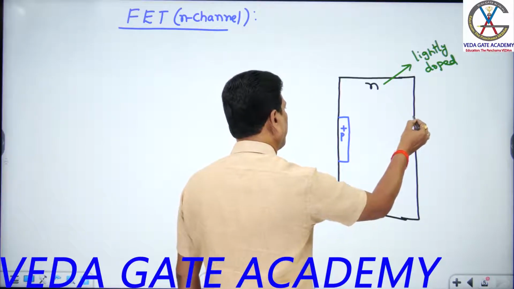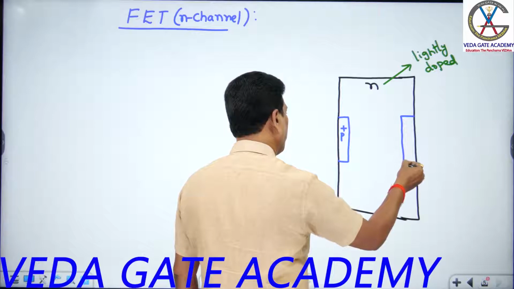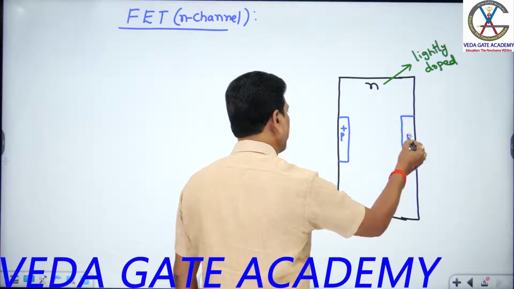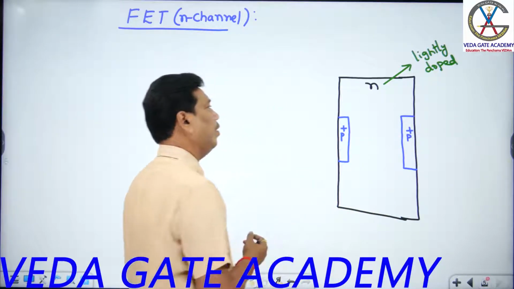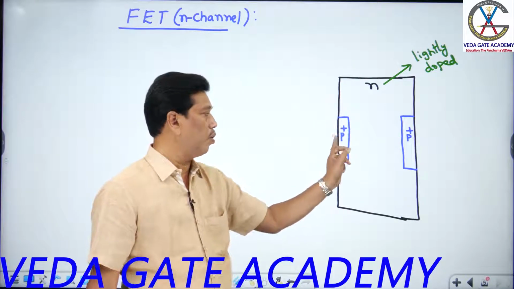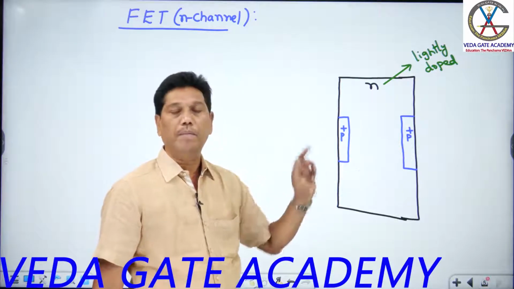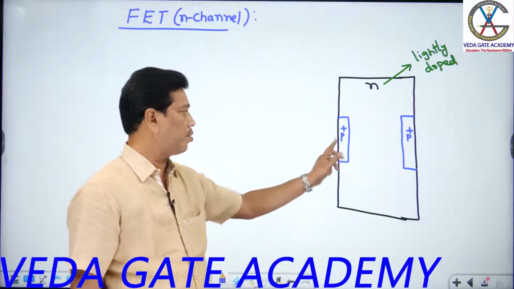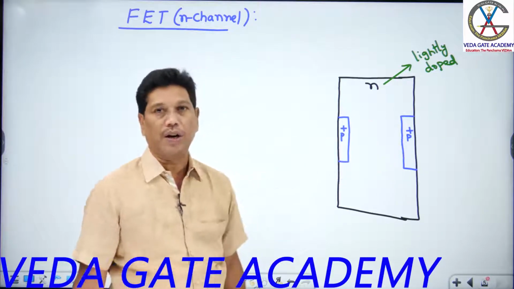Like that you can diffuse one more highly doped p-type material, also called p plus. So I take a body of n-type silicon, lightly doped, over which highly doped p-type materials are diffused at the center on both sides.